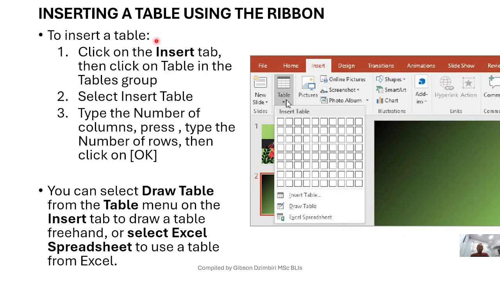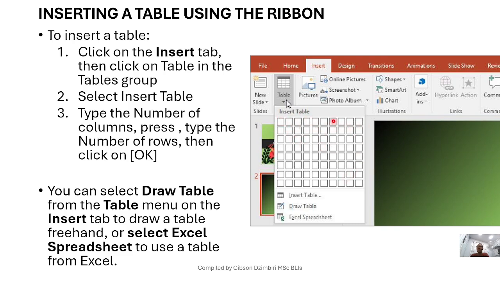You can also insert a table using the ribbon. So here you can insert the table on the PowerPoint. For instance, if you select the table and click the down arrow, you will be presented with a dialog box that says insert table.